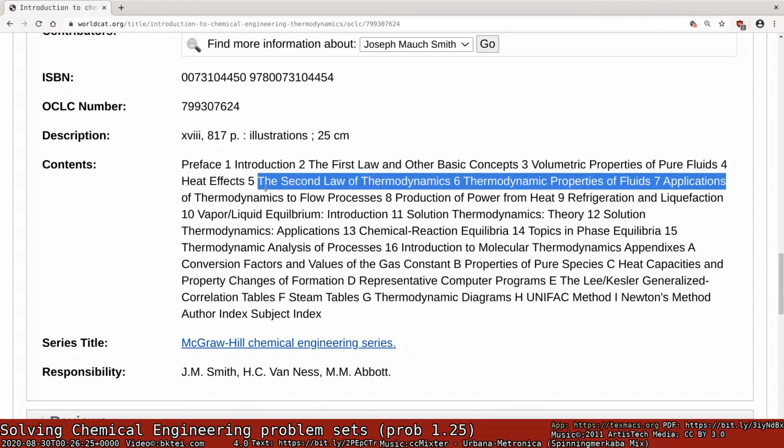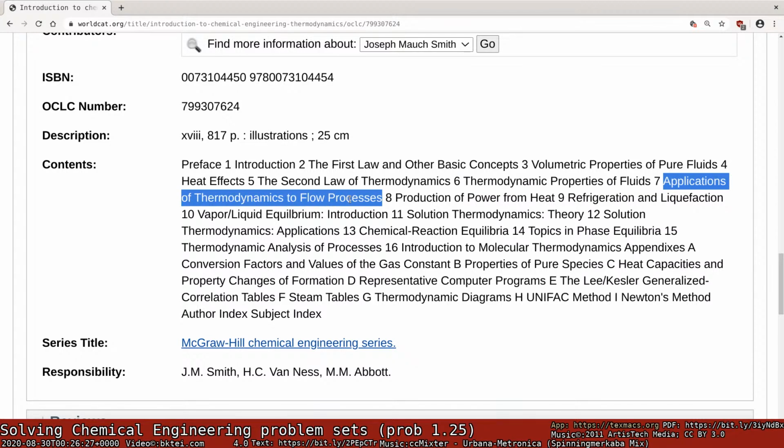And 7 is applications of thermodynamics to flow processes. That one sounds a little interesting. Duct flow of compressible fluids, turbines, expanders, and compression processes. So these are more practical, more grounded in hardware. So nozzles, valves, throttling, the idea of supersonic flow.